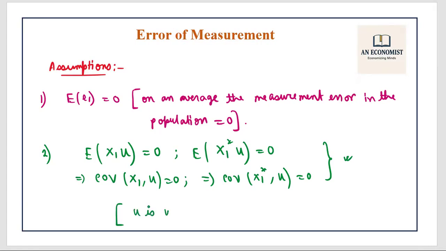U is uncorrelated with x1 and x1 star, which basically implies that both x1 and x1 star are exogenous variables. Basically, no endogeneity problem is there in the model, which is ensured by this particular assumption, right? So this will be the second assumption.